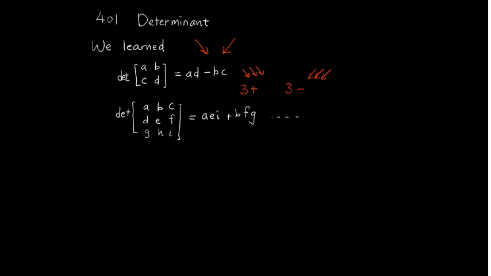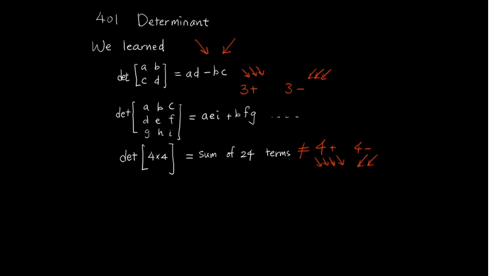However, if you have a 4 by 4 matrix, then it is actually the sum of 24 terms. So it is not going to be equal to 4 pluses going to the right and 4 minuses going to the left.